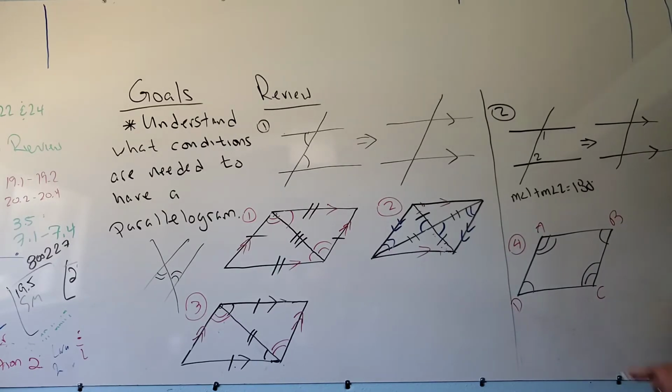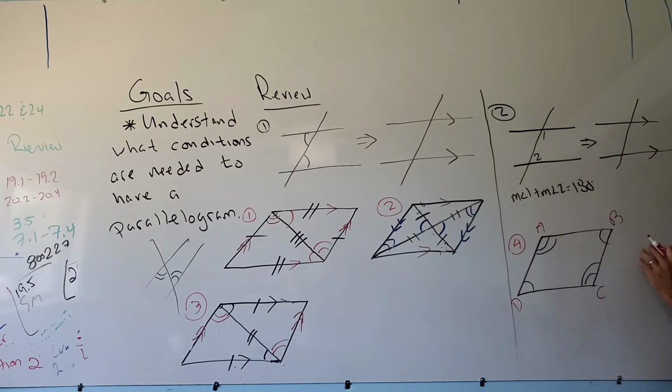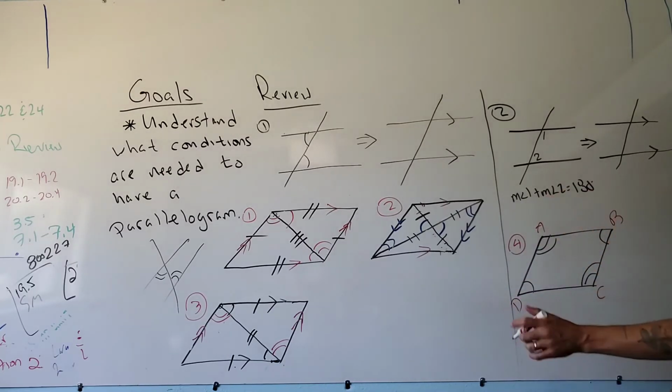Right, and so I have angle A, angle B, angle C, angle D. I should walk you through this really quick. The four angles, angle A plus angle B plus angle C plus angle D, add up to, not 180 degrees, the four angles add up to 360 degrees. Okay.